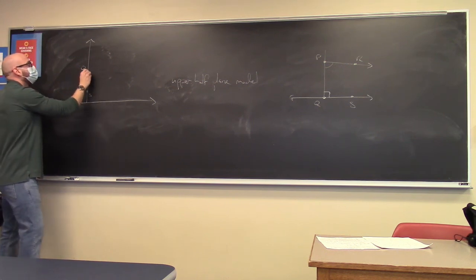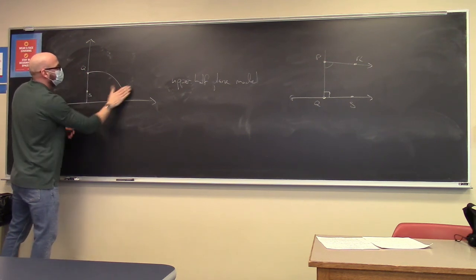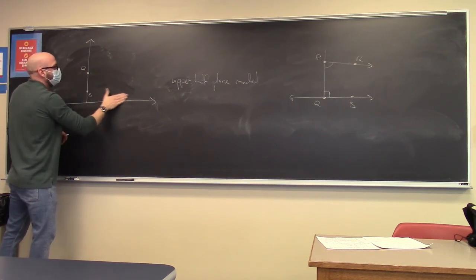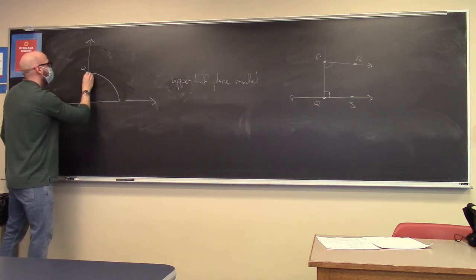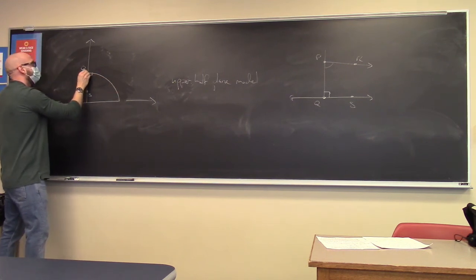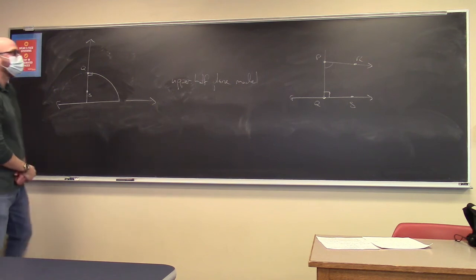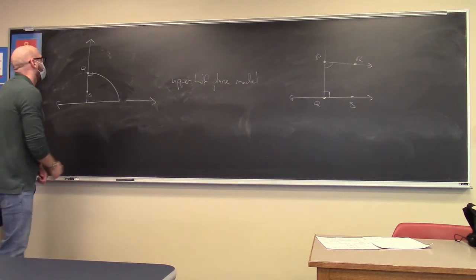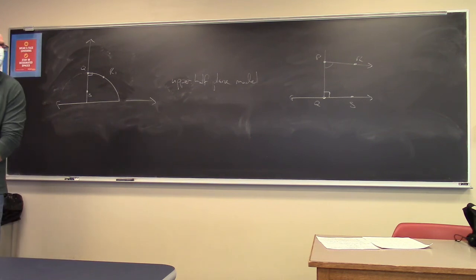So the perpendicular through here would be part of this semicircle. So let's take a point here. How about I take R? Let's call it R1, because I'm going to look at a couple of these.